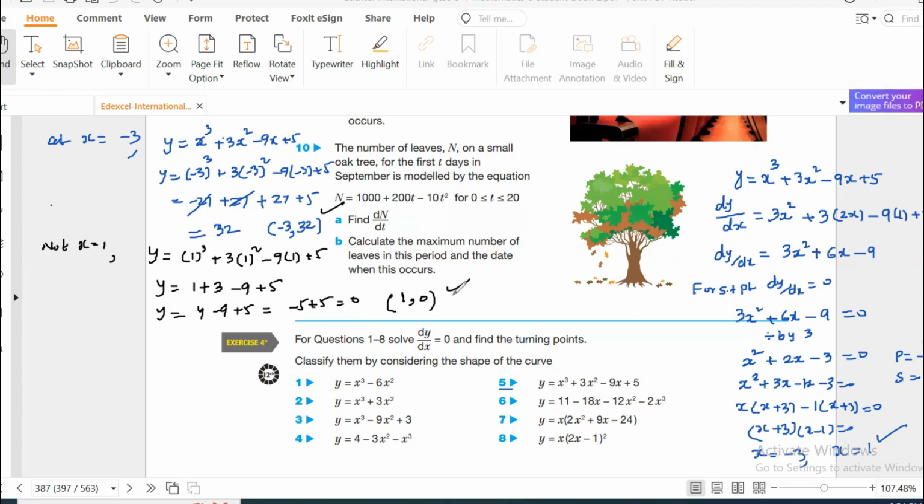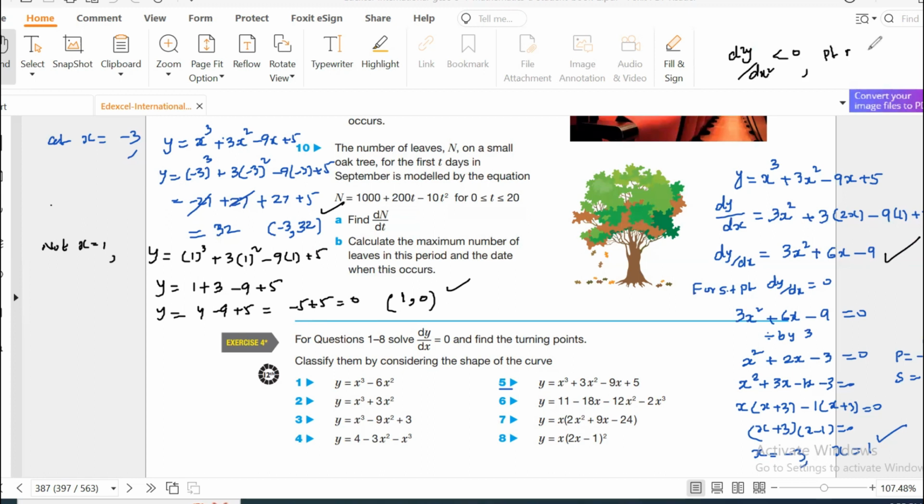Now we will say which one is minimum and which one is maximum. Remember that clearly when the y value is bigger, that looks like a maximum, but there is a rule. We have to find the second derivative. We already know what the first derivative is. Remember the rule: if the second derivative d squared y over dx squared is less than 0, then the points are maximum.